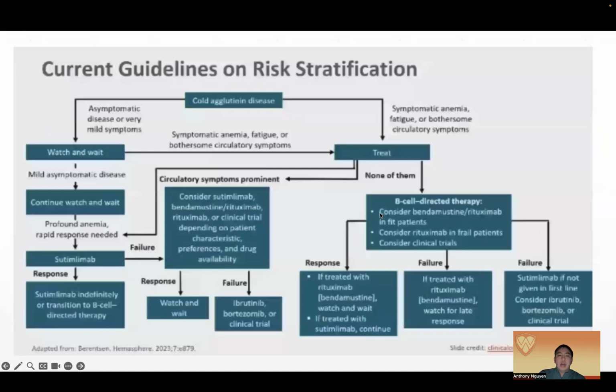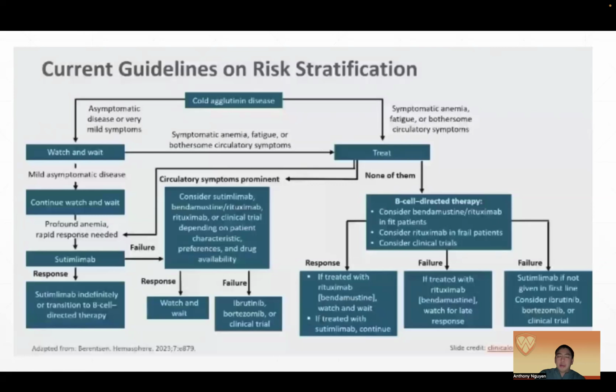Currently, the guidelines on the risk stratification of cold agglutinin disease: when we find that the patient has cold agglutinin disease, if they are asymptomatic or have very mild symptoms, we actually continue to advocate for a watch and wait approach. If the patient has a trigger or an exacerbation that causes a profound anemia and a rapid response is needed, sutimlimab is recommended. For patients who have symptomatic anemia, fatigue, or bothersome circulatory symptoms, there is indication for treatment.